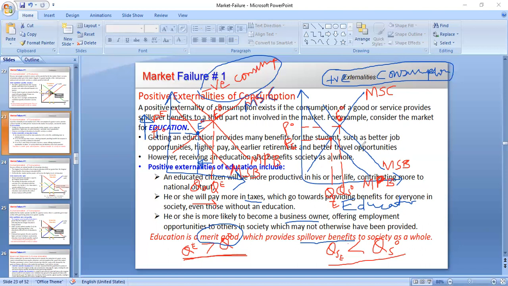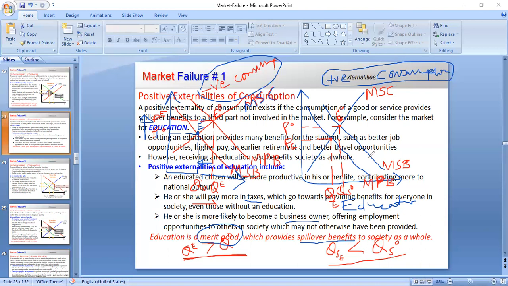So with education, we have seen that when people get educated, they contribute taxes. We can even realize that when people are educated, keeping other factors constant, it reduces the crime rate. Because in most cases, it's the uneducated people that are pickpocketing around the streets and so on.